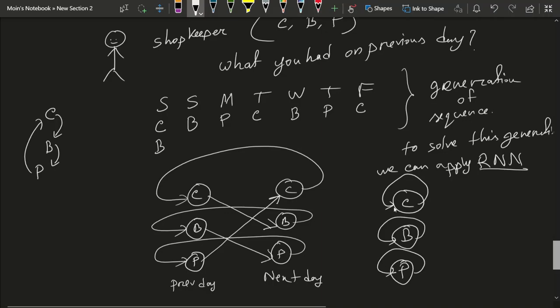If I consider these individuals as RNN cells, separating them into two parts like previous day and next day, we are generating the recurrent neural network for generating this sequence.